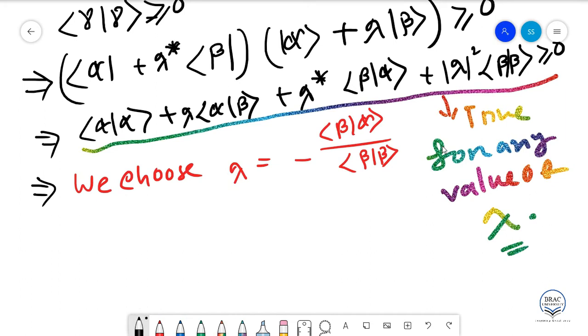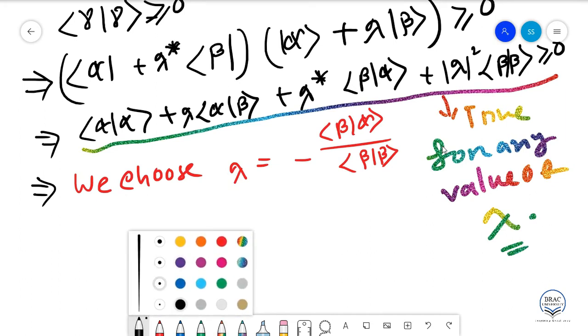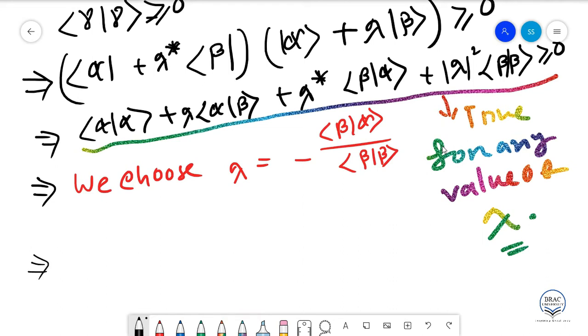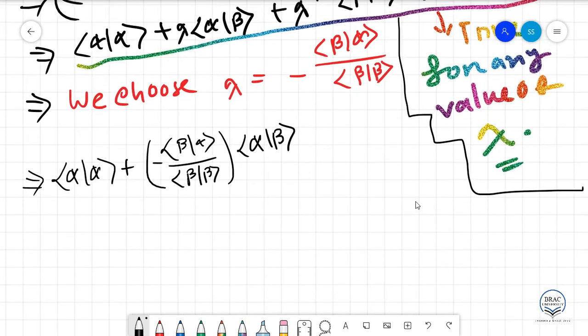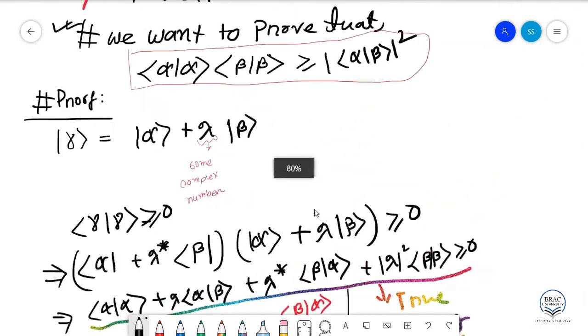Okay, so let's choose this thing and let's write it down. So if we do that, we put lambda as minus beta alpha over beta beta, and here you have alpha beta. Let me give a partition as well, so that we don't get confused.